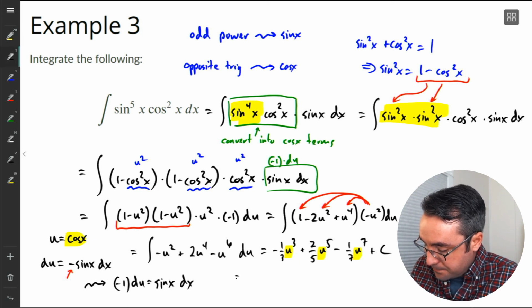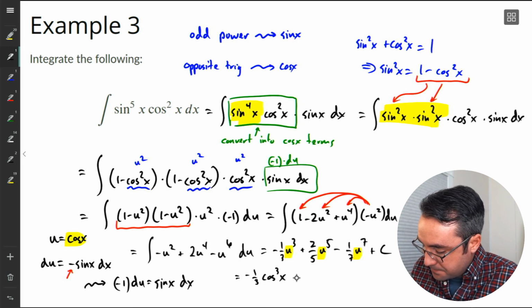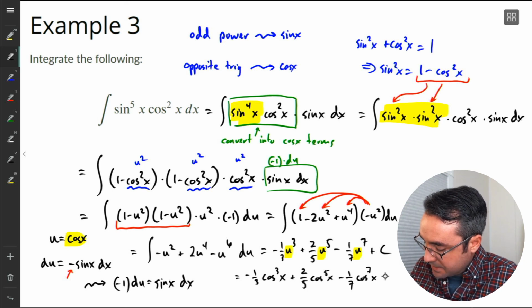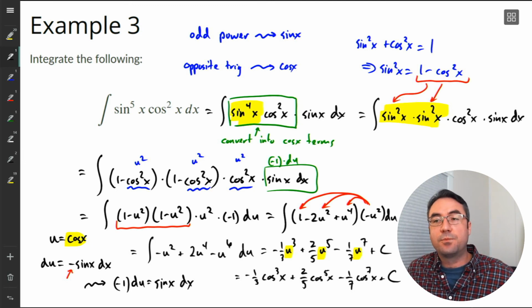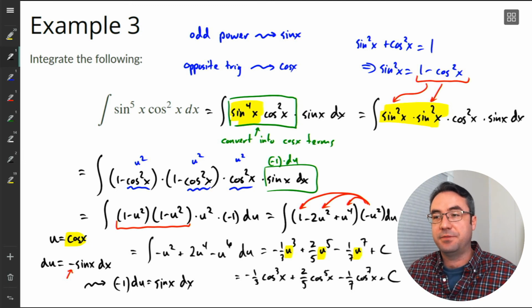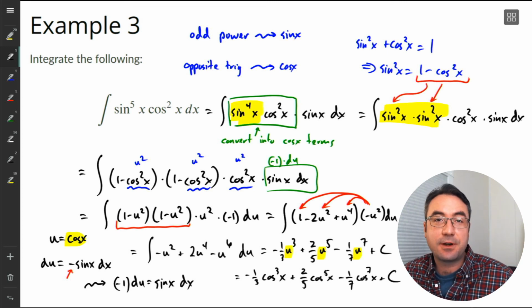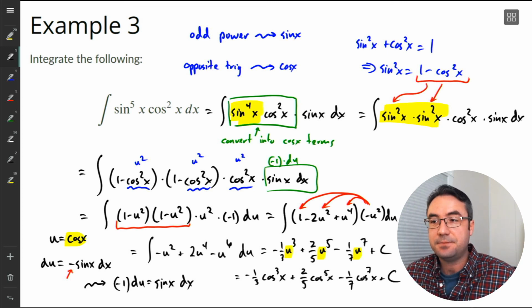So let's do it. We get negative 1/3 cosine cubed of x plus 2 over 5 cosine to the power 5 of x minus 1 over 7 times cosine to the 7 of x plus c. And there we go. We're done. We have our antiderivative, and it's all in terms of our original variable x.